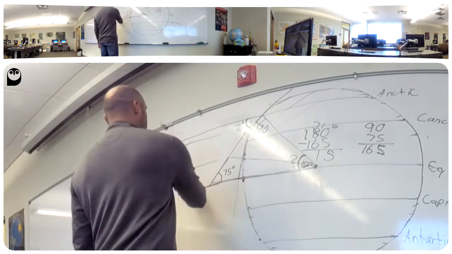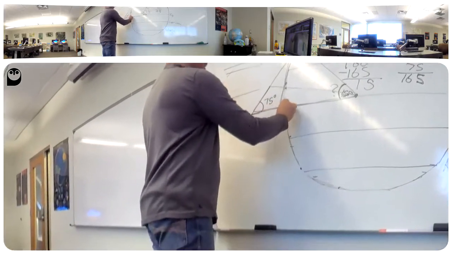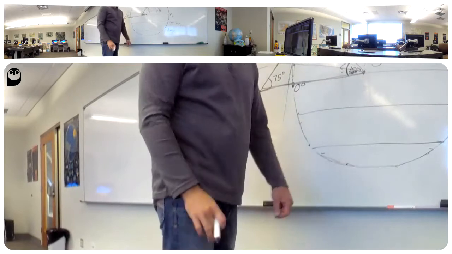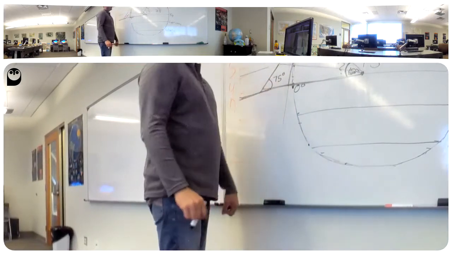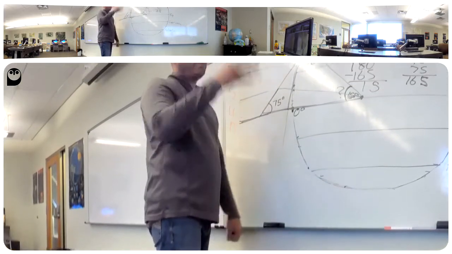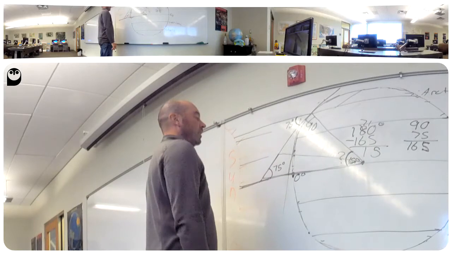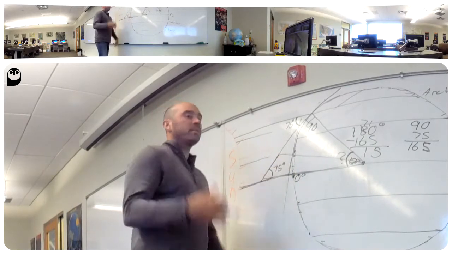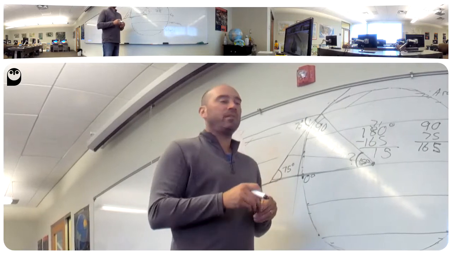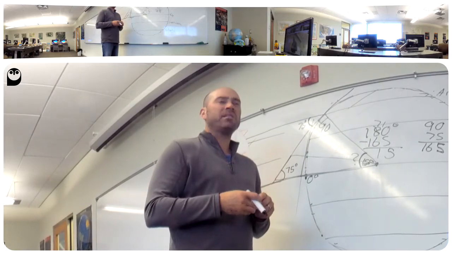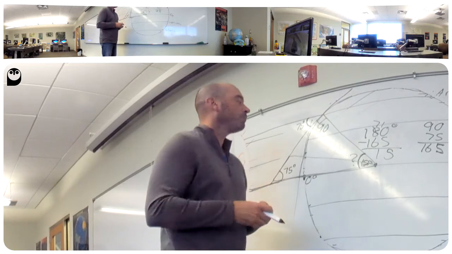We know the angle of the sun at the equator is 0, because it's directly overhead on September 21st. Therefore, if it's a 75-degree angle, that means it still has to be pretty high in the sky. So we are somewhere 15 degrees north latitude. That's pretty close to the equator. We're probably somewhere warm, somewhere tropical.